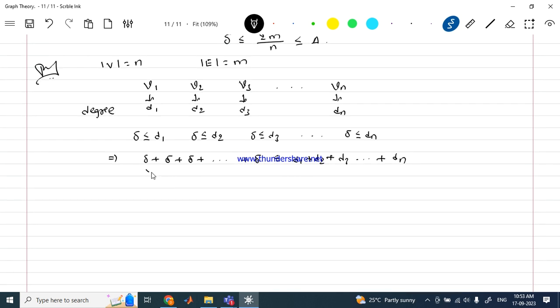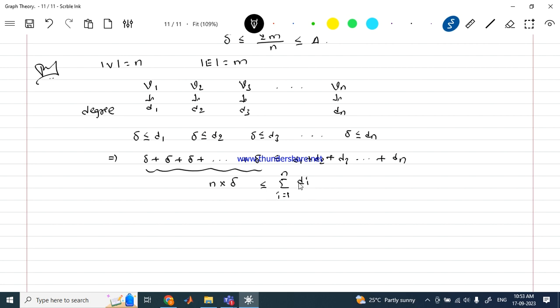What is happening here? You are adding delta to itself how many times? n times. You have n vertices, so n times delta is less than or equal to the sum of the degrees, the sum over i equal to 1 to n of di.